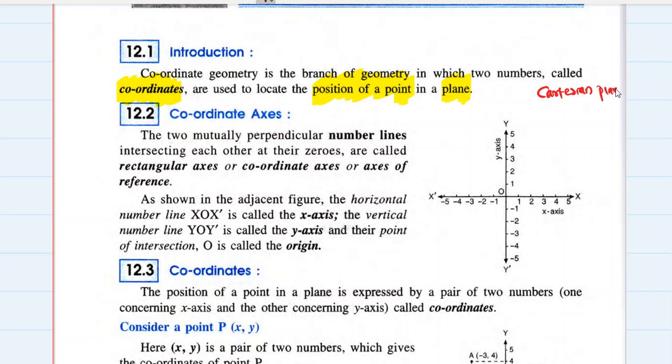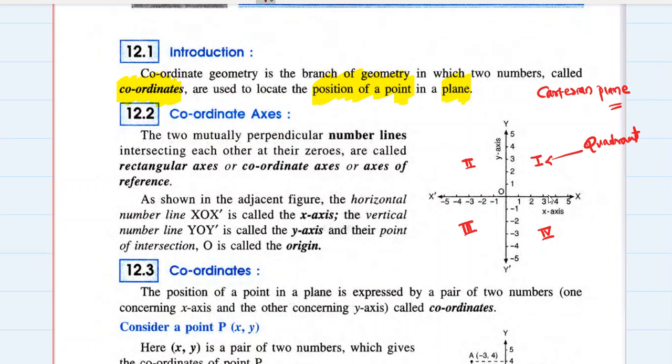So this Cartesian plane is divided into four parts which are known as quadrants, and they are numbered like how I've shown here. There are four quadrants. A quadrant is 1/4 part of the Cartesian plane.